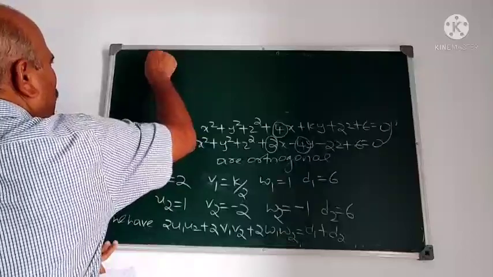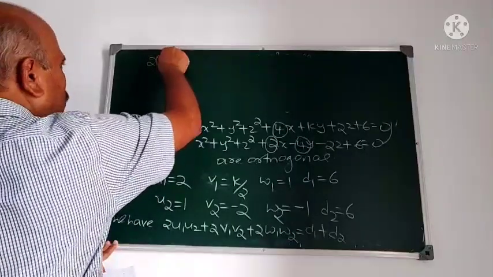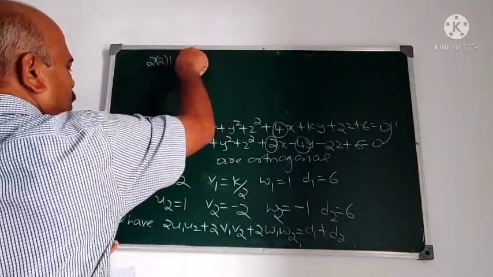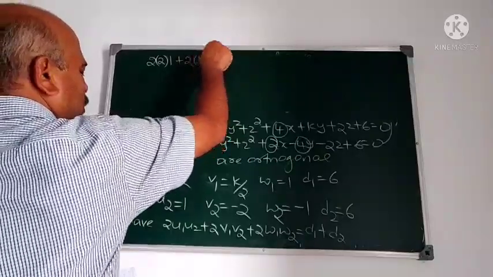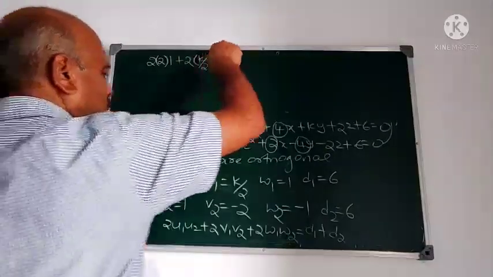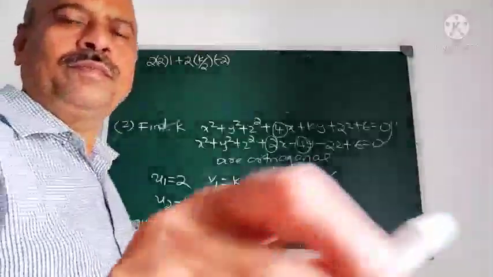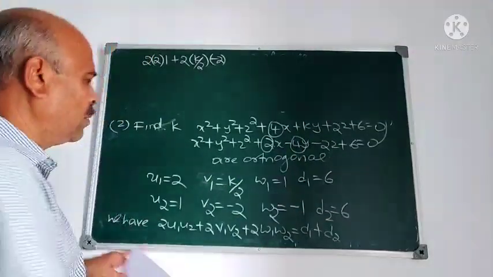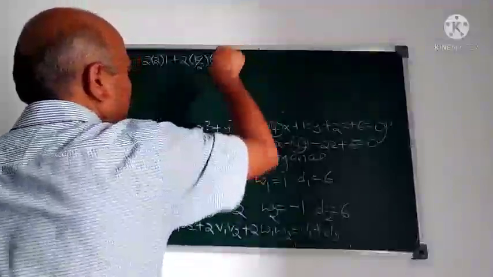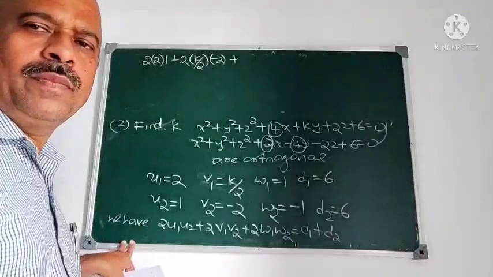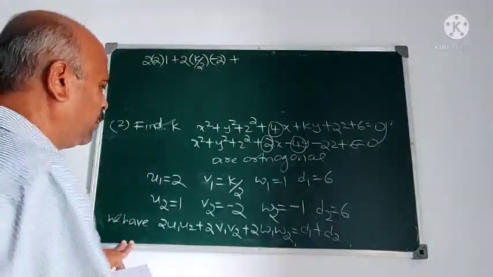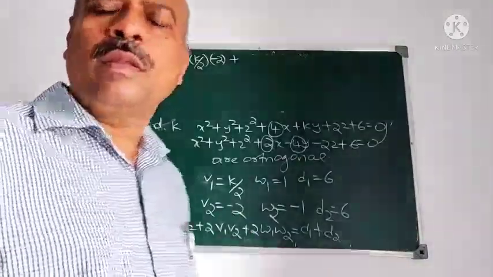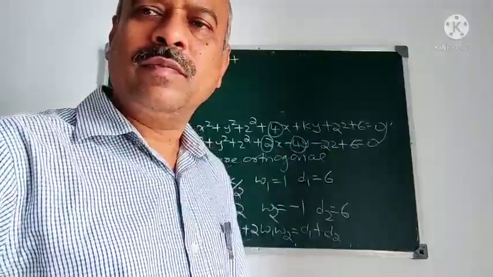So 2 into 2 into u2, which is 1, plus 2 into k by 2 into minus 2, plus 2w1. What is w1? Just a minute.